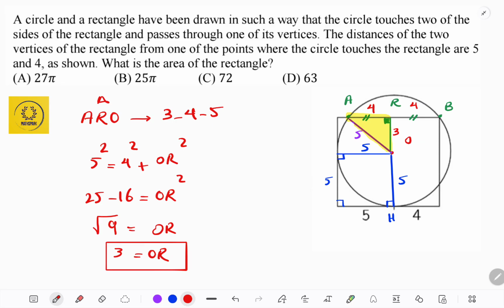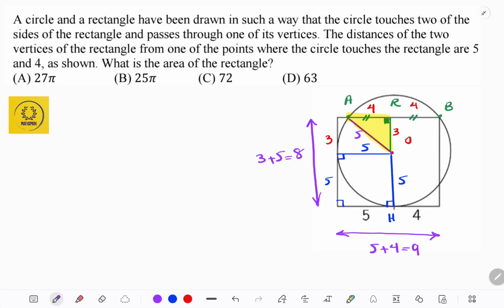So far so good. And this part is 3, and this part is 3 as well. So we know that the width of this rectangle is 5 plus 4, which is 9, and the height is 3 plus 5, which is 8.